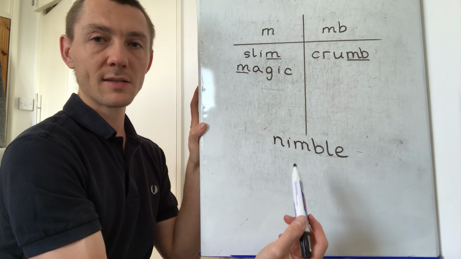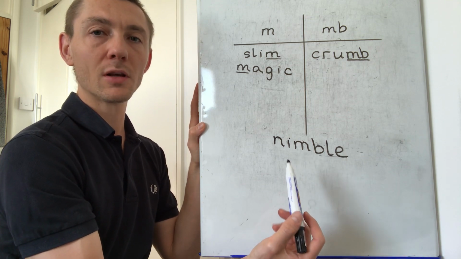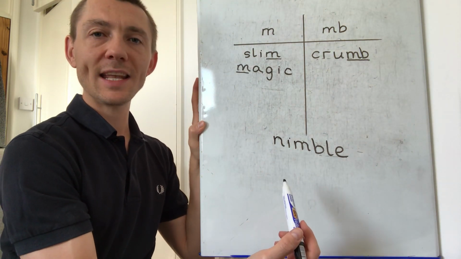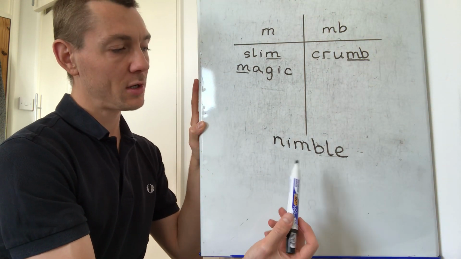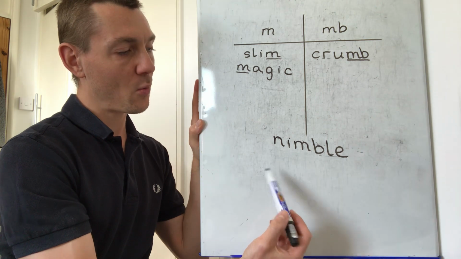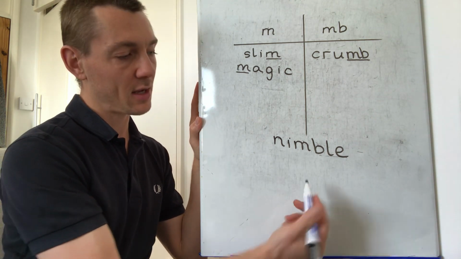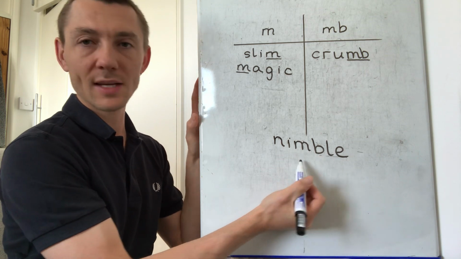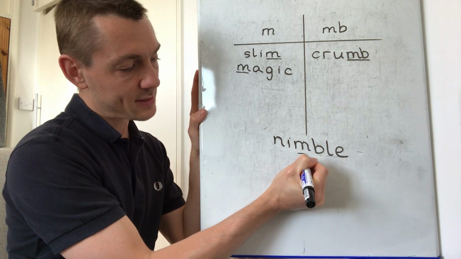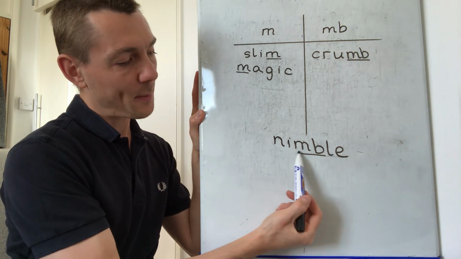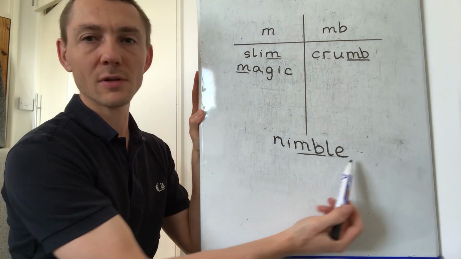Okay, the word is nimble. Nimble. So if the word is nimble, where is the sound? Now you might be tricked into thinking that it's the M and the B together, but listen, if that's the same sound, the word is nim-ble.